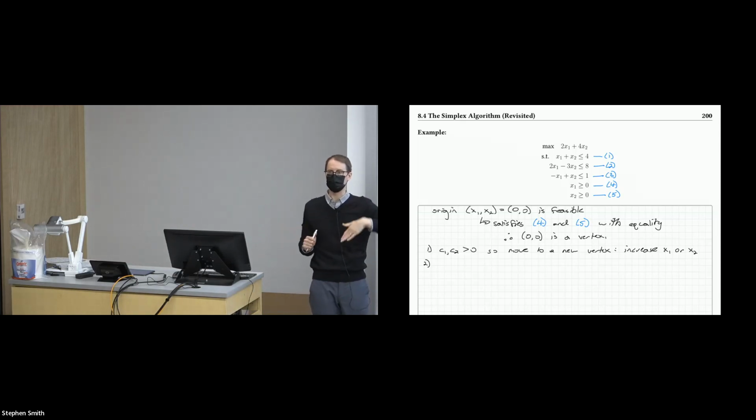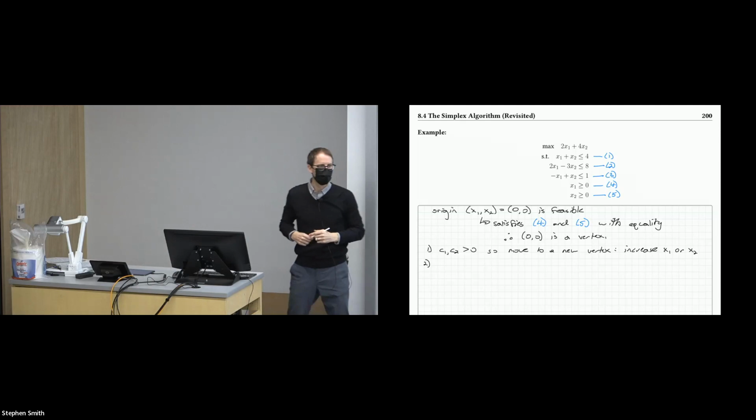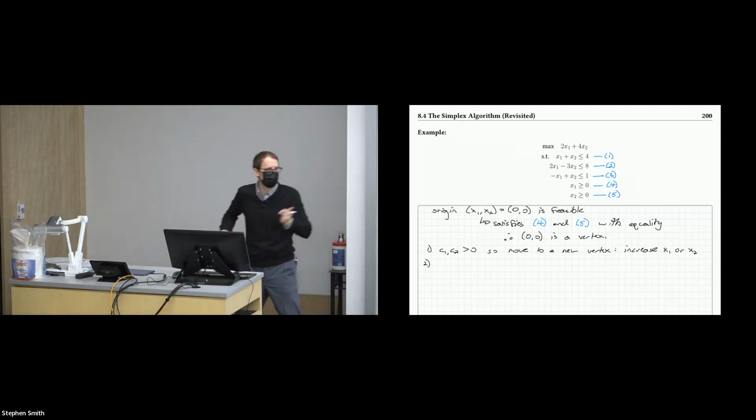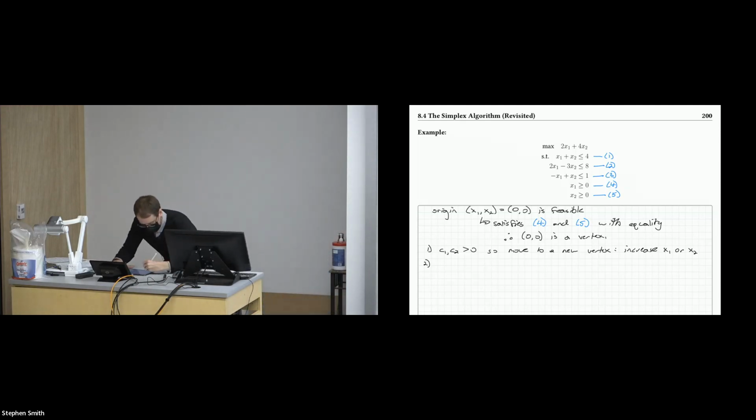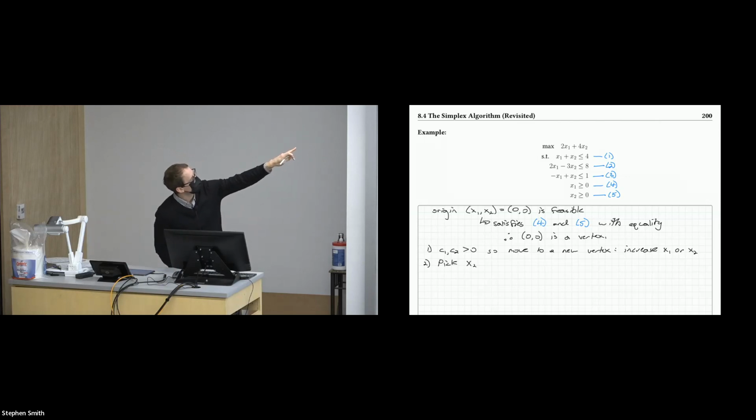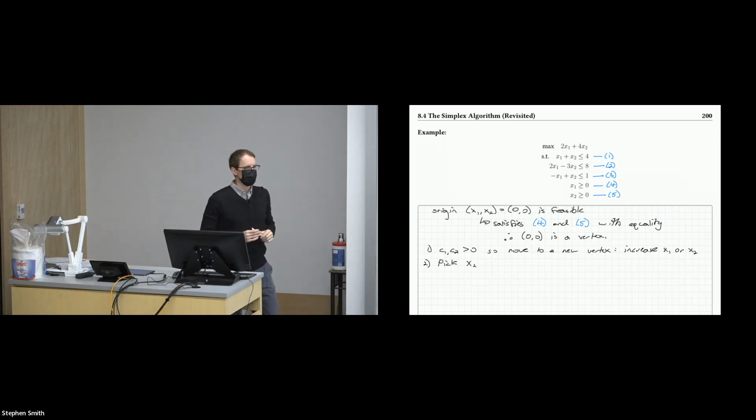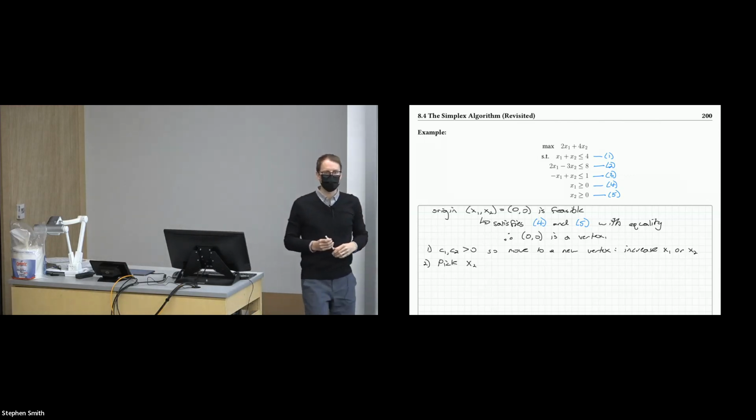So maybe I'll make more gains in my objective value by doing x2, but you could do either one first. So let's pick x2. Now I'm going to increase it until one of the constraints, 1, 2, or 3, becomes active. So which one will become active first as I start increasing x2?